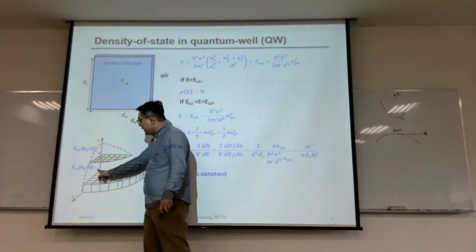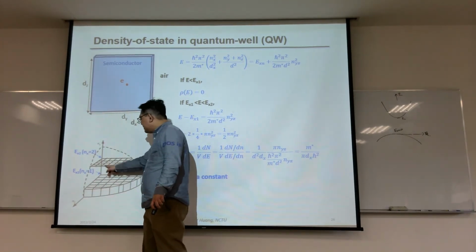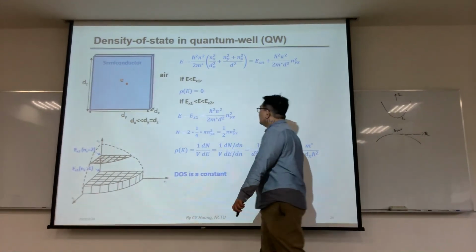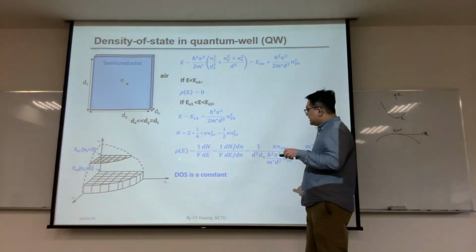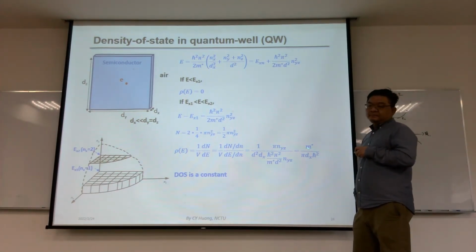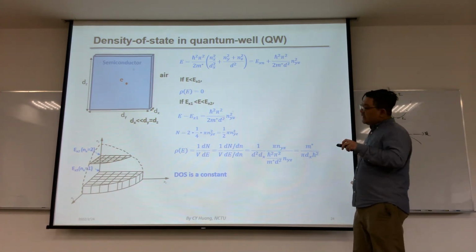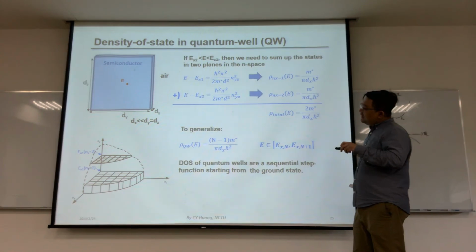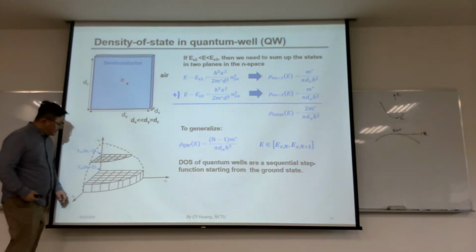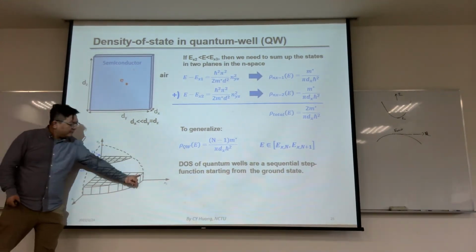So if your total energy is less than E2, for example, you are counting the states in such a small sphere, the density of states tells you it should be a constant, following the same procedure in doing the density of states. However, if the energy is a little bit higher, let's assume the total energy is on such a sphere.